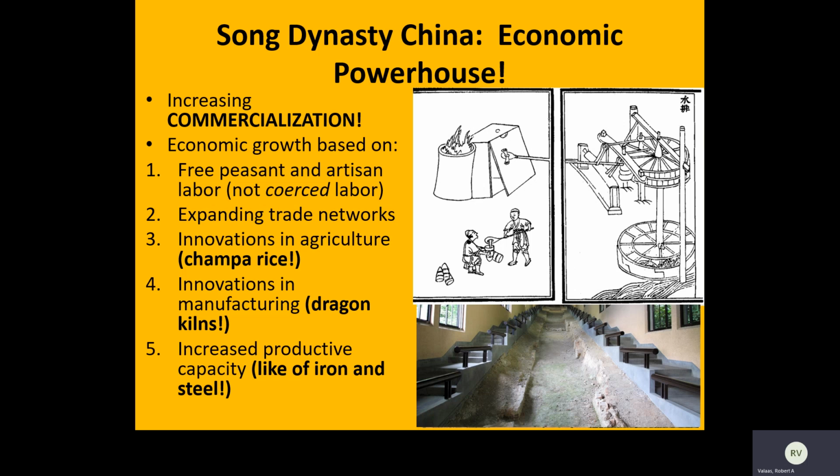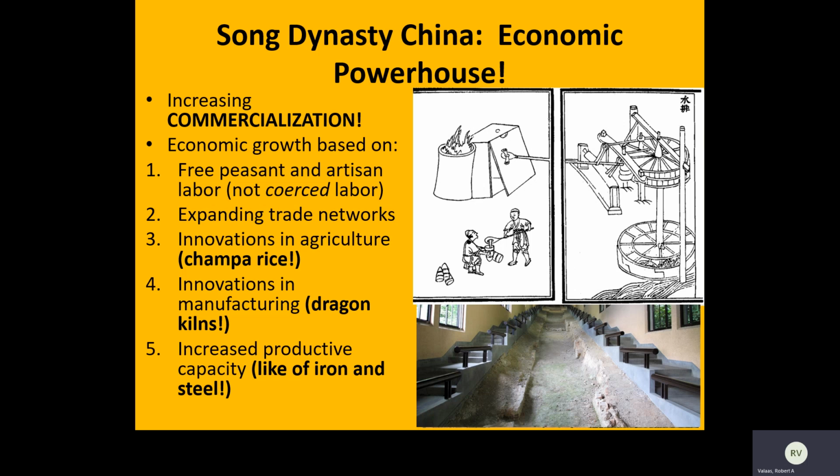Innovations in manufacturing. Remember those dragon kilns, those sort of ramp tunnel-shaped kilns, which you could stack with literally tens of thousands of pieces of ceramics and fire them all at the same time. That was just one example of innovations in manufacturing that helped the Chinese to produce more goods than any other society on Earth, including these very important goods, steel and iron.